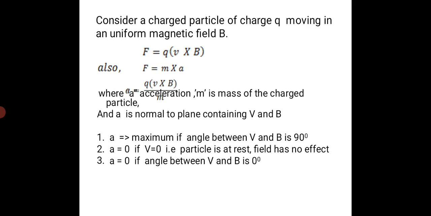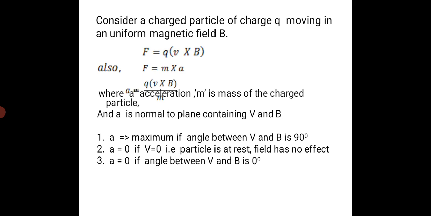So acceleration A equal to Q into V cross B by m, where A is acceleration, m is mass of the charged particle, and A is normal to the plane containing V and B.